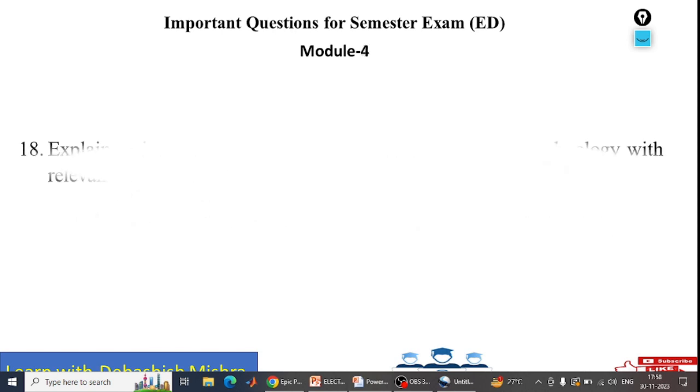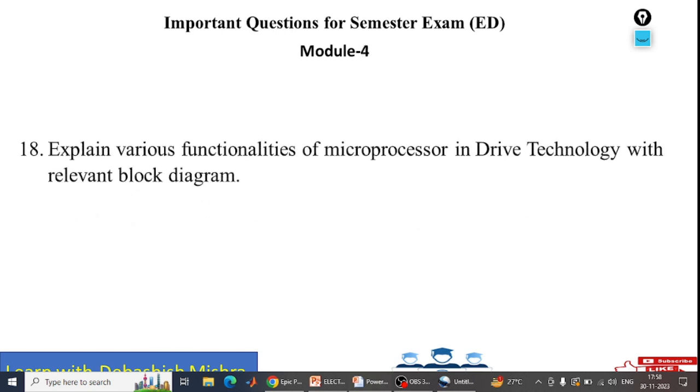Then module 4. Before going to module 4, I will tell you one thing. Module 4 is very important. I have given you some selected questions, but I will suggest you prepare everything from module 4. Explain various functionality of microprocessor in drive technology with relevant block diagram.